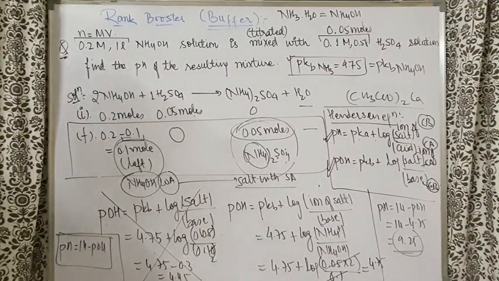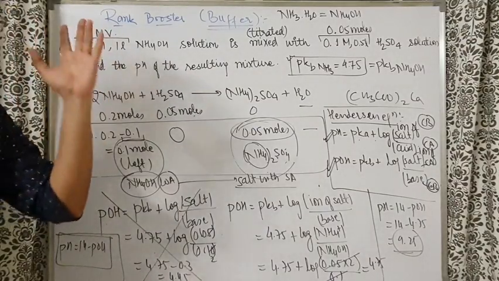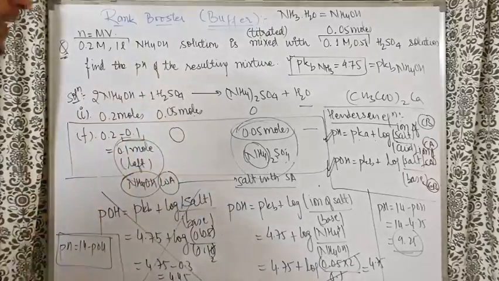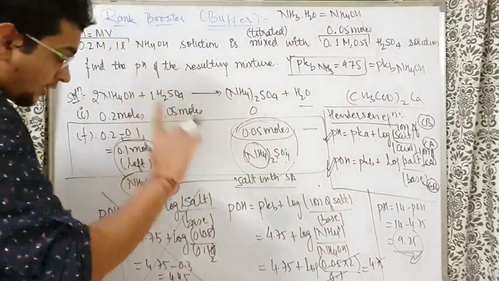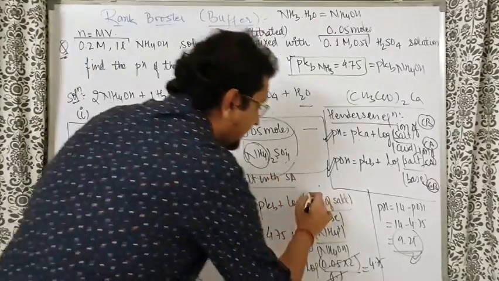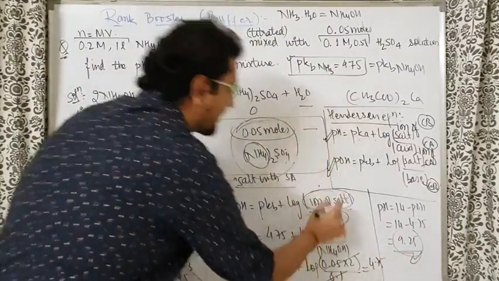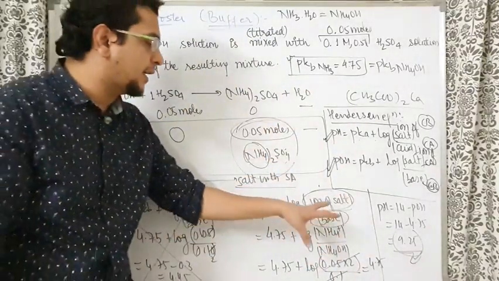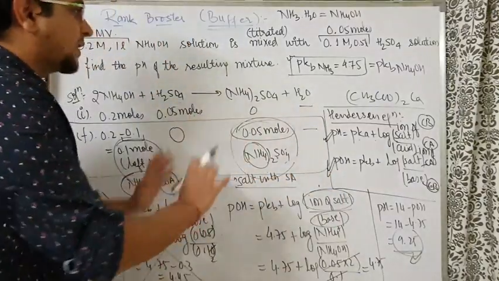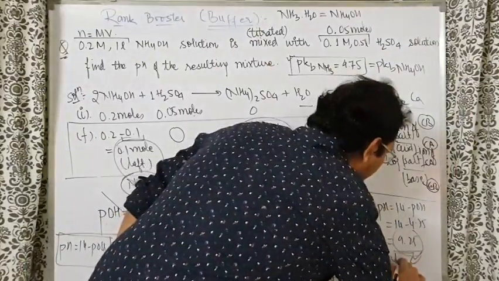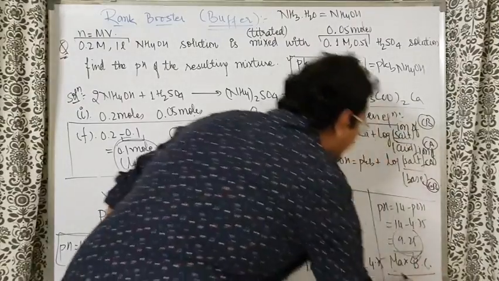Nice work. And once you got 9.25 as the pH, that's the correct answer clearly. So look what will happen here. Very important: whenever this ion of salt and this base cancel out each other, that means the concentration of the ion of the salt and the base become equal, that situation is known as maximum buffer capacity.